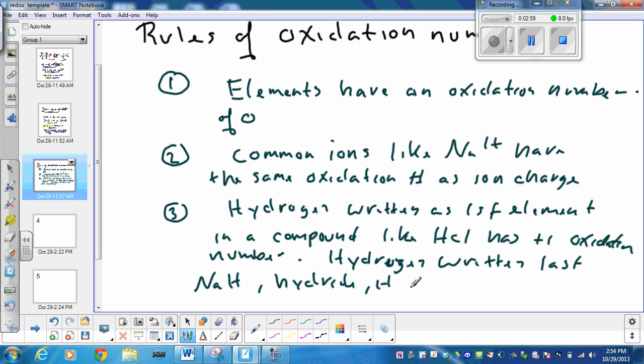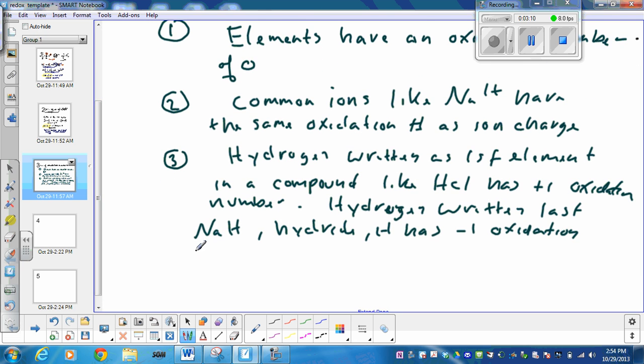The H has a -1 oxidation number. But that's rather rare. Another common element we see in many compounds is oxygen.